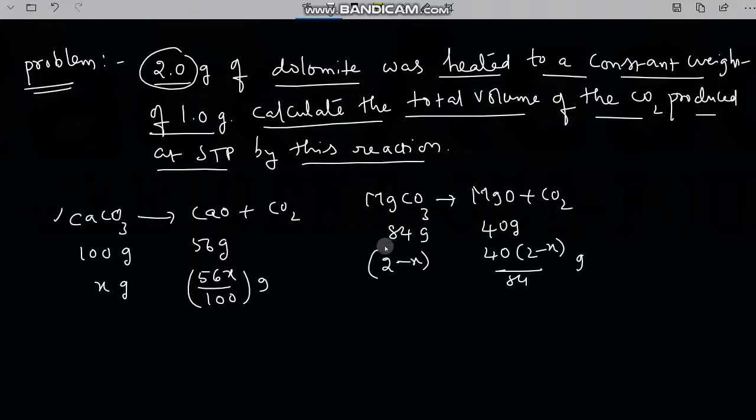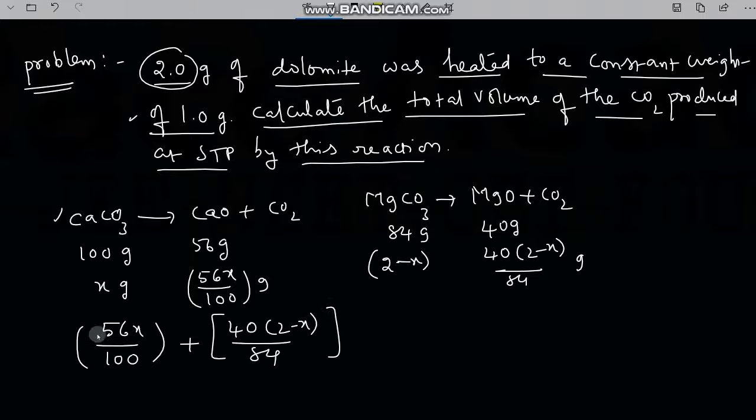So, according to these two equations, the total mass of the substance obtained is 1 gram. What is the total mass, removing the gas? The mass is 56x by 100 grams in the first equation, plus in the second equation the mass obtained is 40 into (2 minus x) by 84.